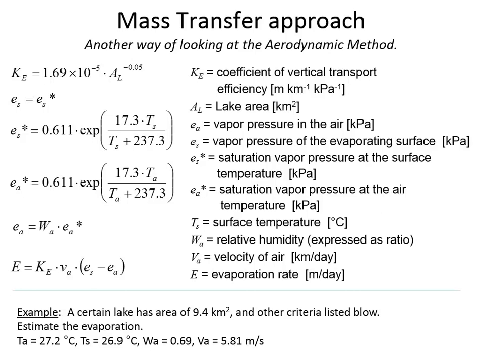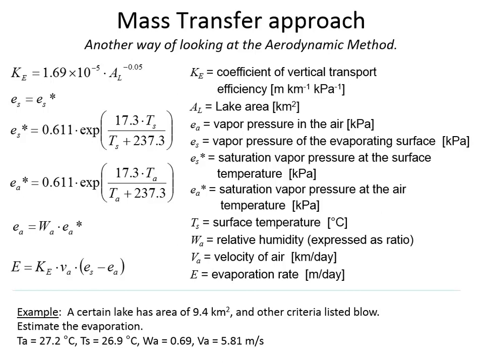So what I've said before is that what drives evaporation is the difference between the vapor pressure in the air and the vapor pressure at the surface. So the difference between how much moisture there could be and how much moisture there is.